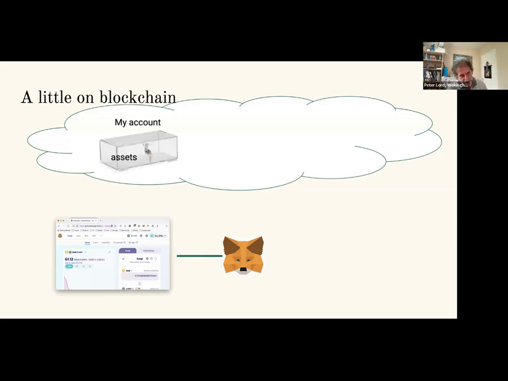Now, a way to see the blockchain, and I'm not going to use the proper terms here, is as a series of accounts. You will have an account that belongs to you, and you can visualize that account as a transparent box with a hole at the top and a key to unlock it. That means what's inside your account is very visible. Anyone can have a look to see what's inside it. Anyone can use the slot in the top to insert some assets into your box.